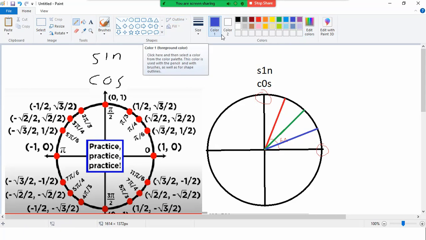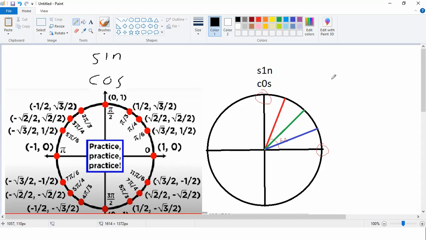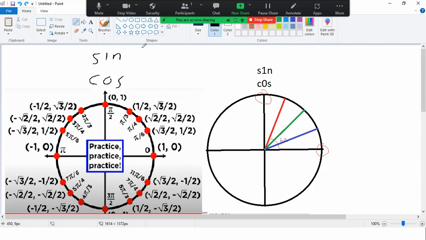Now, here's how I do this. I'm going to remember 1, 2, 3, 3, 2, 1. So let me back this up a little bit.